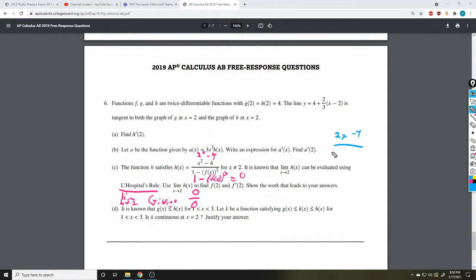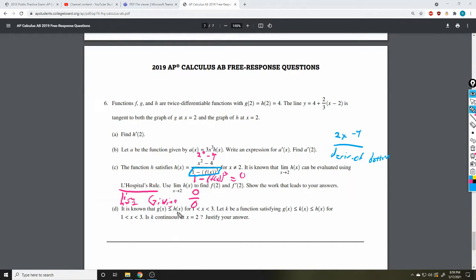Here is giving me an answer for L'Hopital's rule. So I can use that to figure out what f prime of 2 is going to be. And I'll show the details of that in just a second. But let me move down to part D.